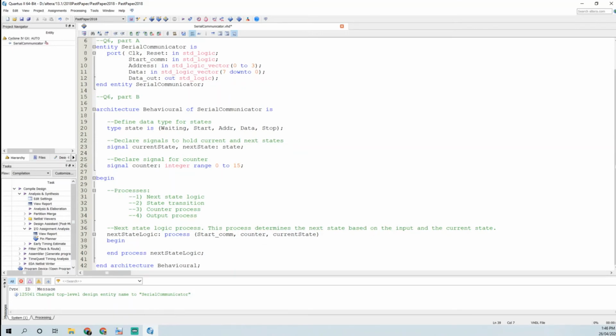So remember, in this next state logic process, the first thing that you always want to do is assign next state the value of current state.